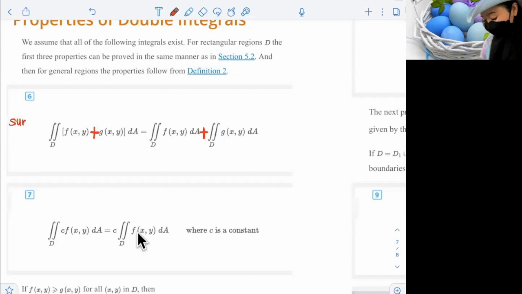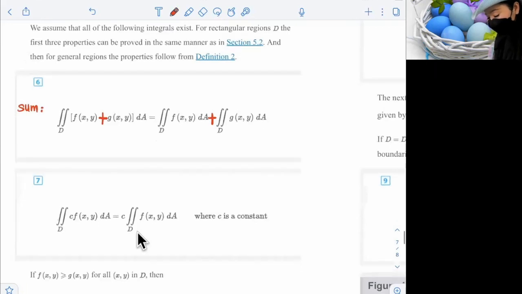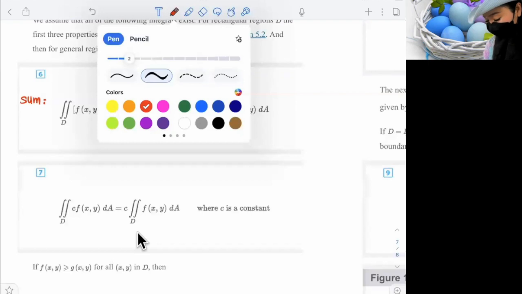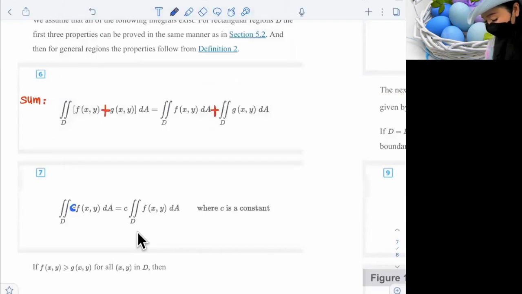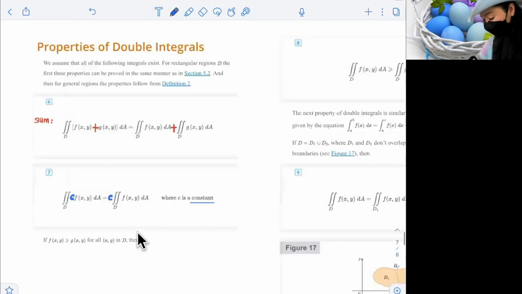And also the difference law works the same way. And the second one here is the constant multiple law. So if you have a constant times this function inside the integral, then you can take this constant in front. Okay, so this is the constant law.